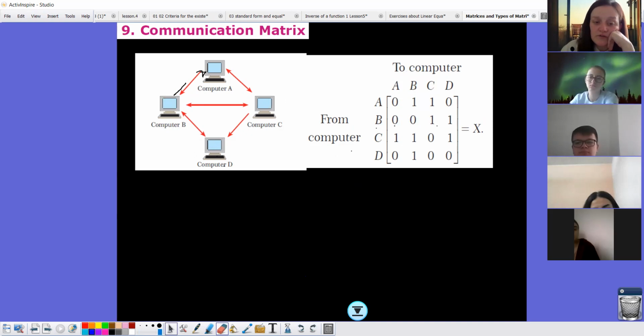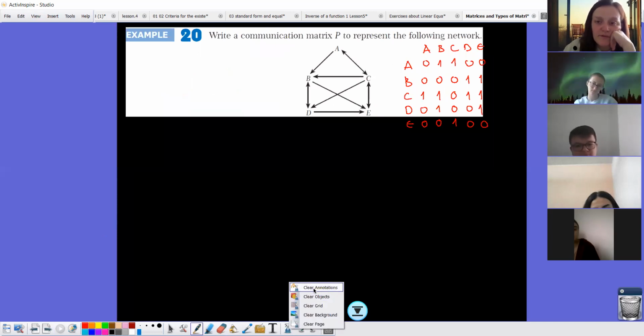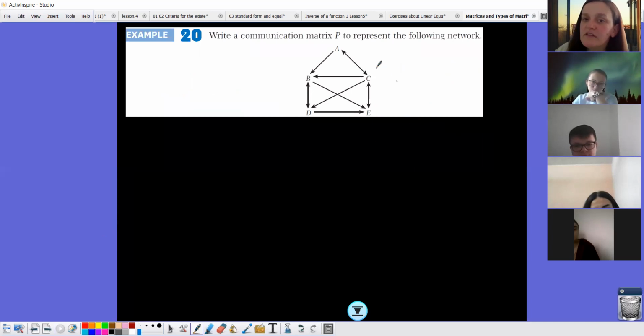Is it okay? Can I continue? Okay. Now, as you can see, there is an example. A network is given, and we need to write a communication matrix P for this network. How will we form the matrix P?